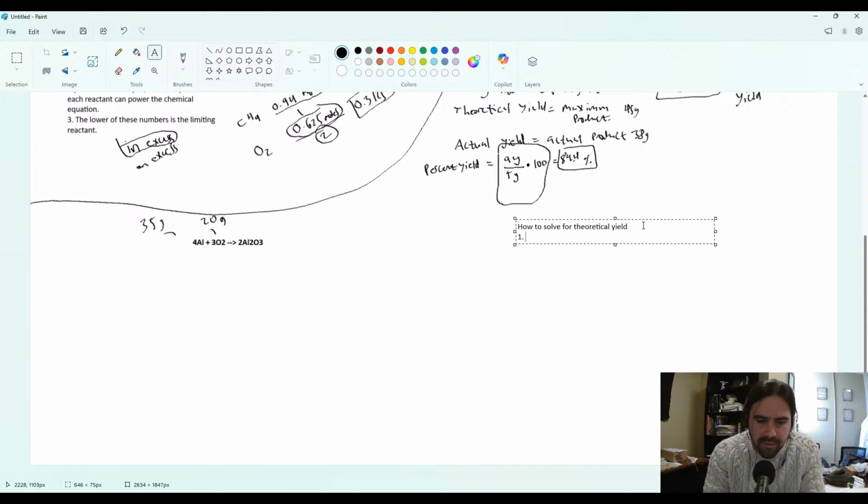Number 1: Calculate the limiting reactant. Use moles of limiting reactant to convert to moles of product.